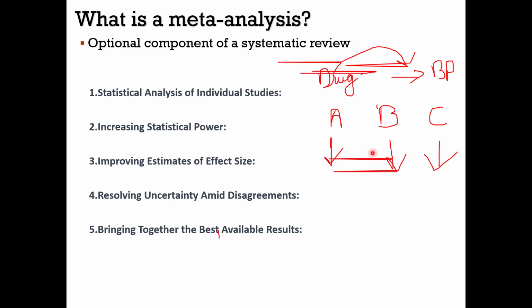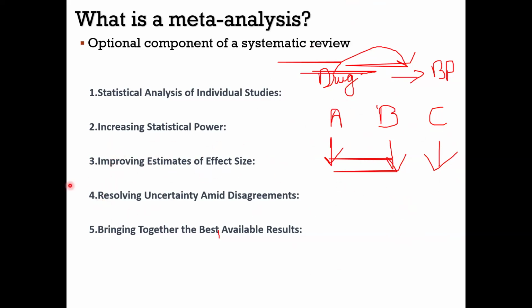First, the sample size: here 30 patients, 40 patients. So first it will form a grouped sample size. The effective sample size will be increased from the single study. Then they will do the analysis, because of which it will improve the estimate of effect size.